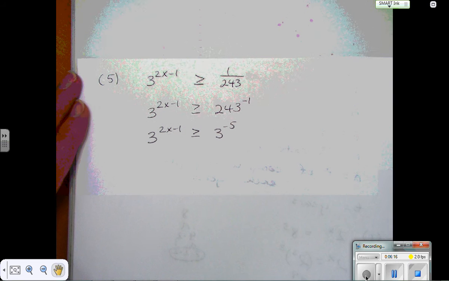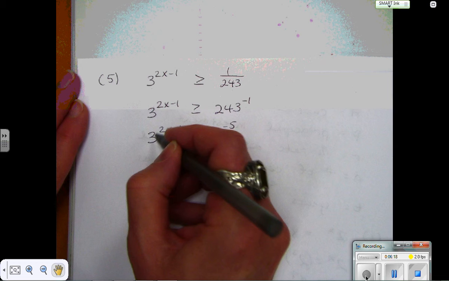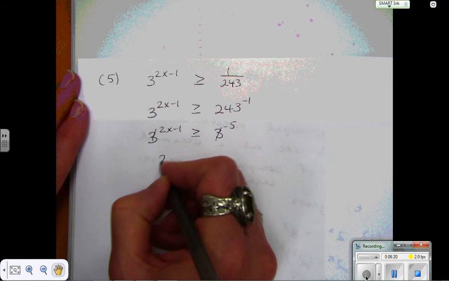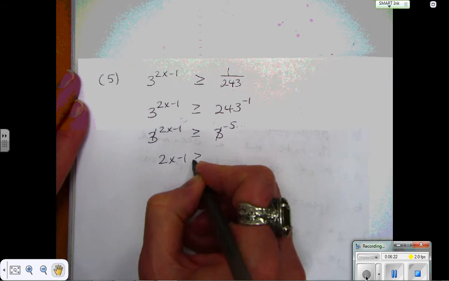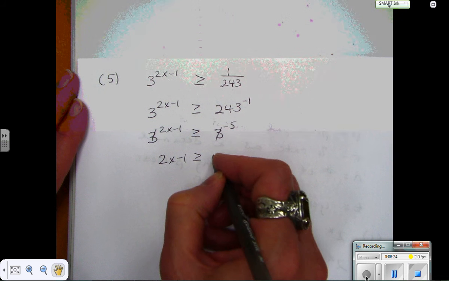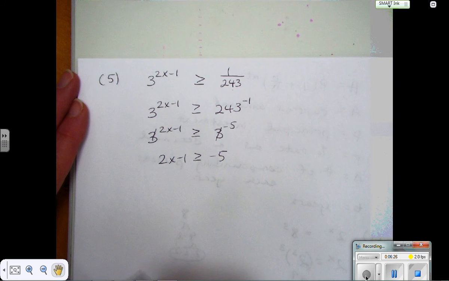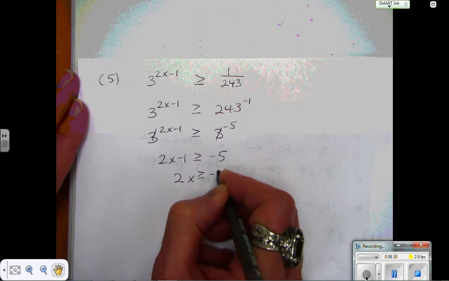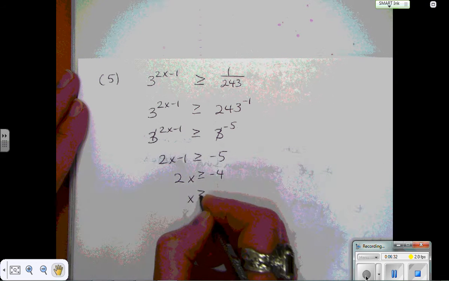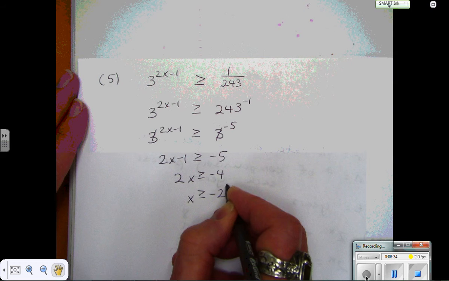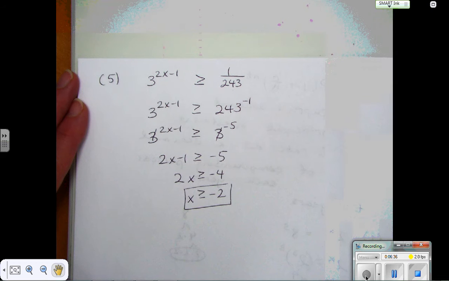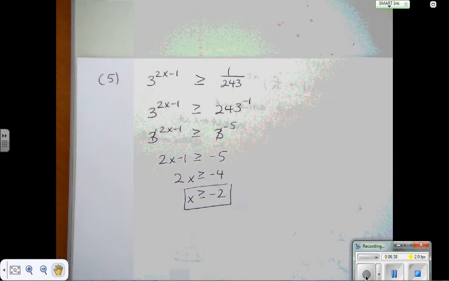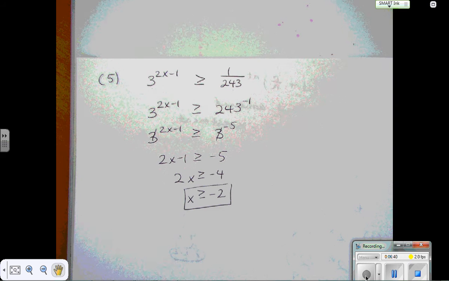So now the bases are the same, so I can reduce those out, set my exponents greater than or equal to, and solve. So 2x is greater than or equal to negative 4. X is greater than or equal to negative 2. Any questions?